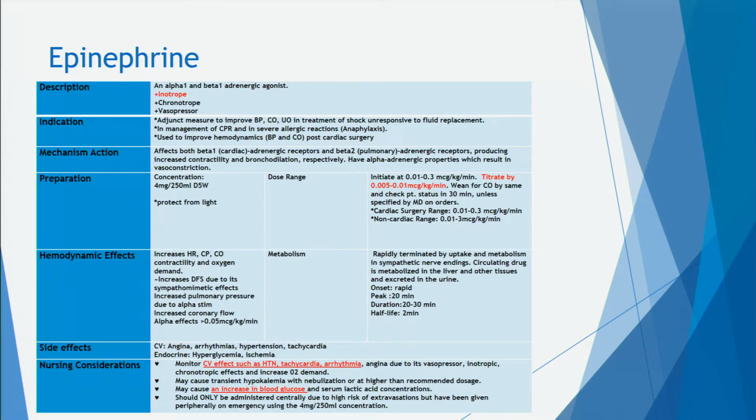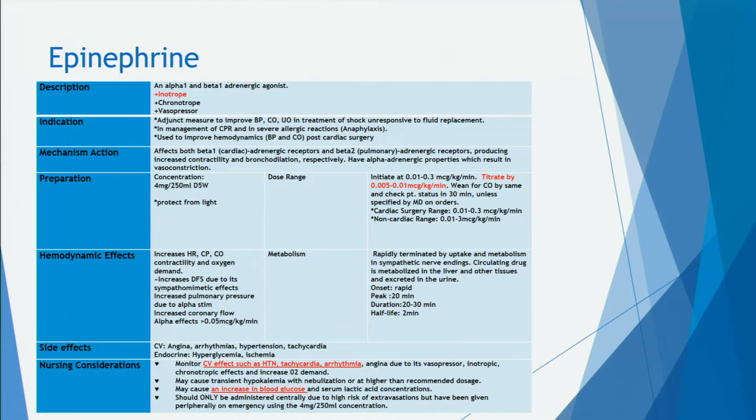Most patients are kind of sensitive to big changes with these drugs too. So when you're titrating it down, this is not a drug I would ever just stop. None of these drugs would I ever just stop. You want to slowly come off of it so that the patient has time to adjust in their system. With epi, you're going to see cardiovascular side effects. They can have tachycardia, they can have arrhythmias.